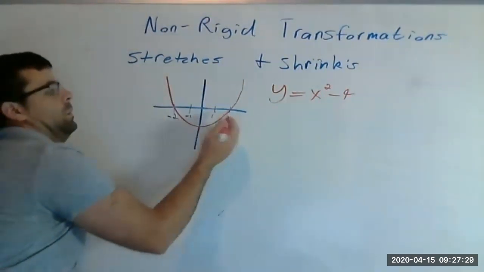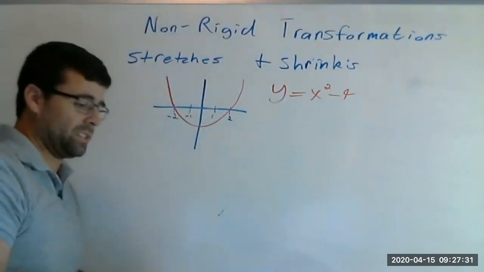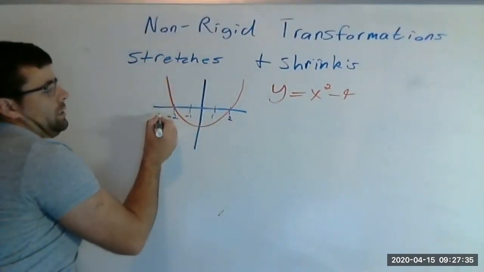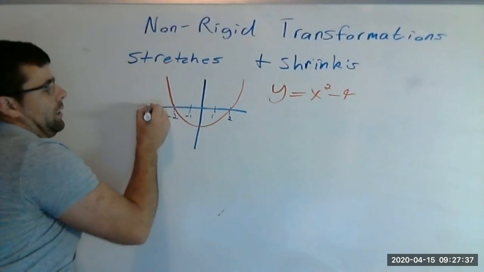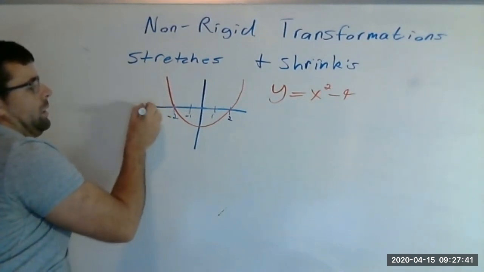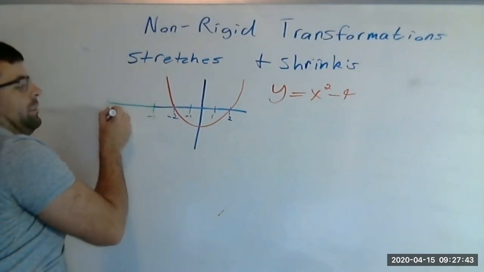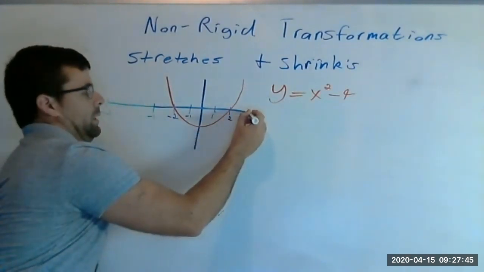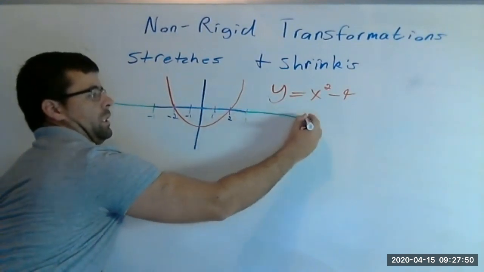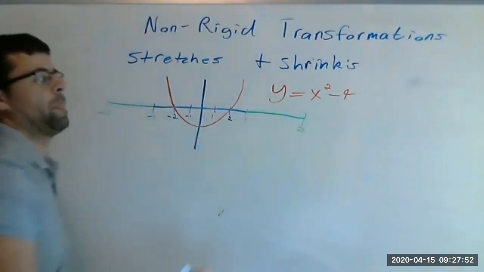So if that is how it starts, and then we stretch it to where this is -1, this is -2, this is +1, this is +2.